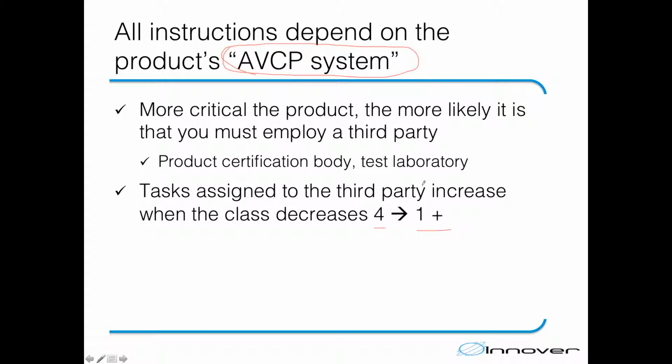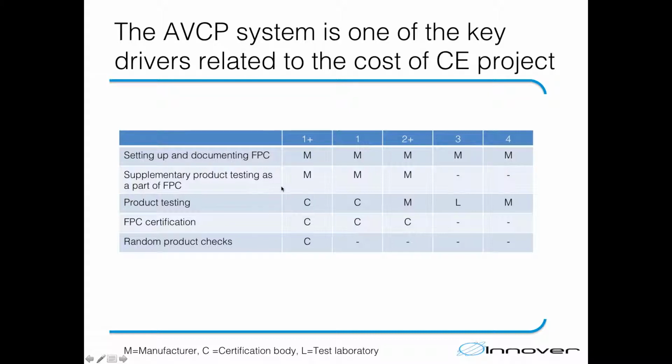And if we take a really overall view of this whole system, we can see that here we have listed all the different AVCP systems that are available to the CE marking of construction products. So the available possibilities are 1+, 1, 2+, 3, and 4. And here we can also see that the tasks that must be performed are setting up and documenting the FPC.